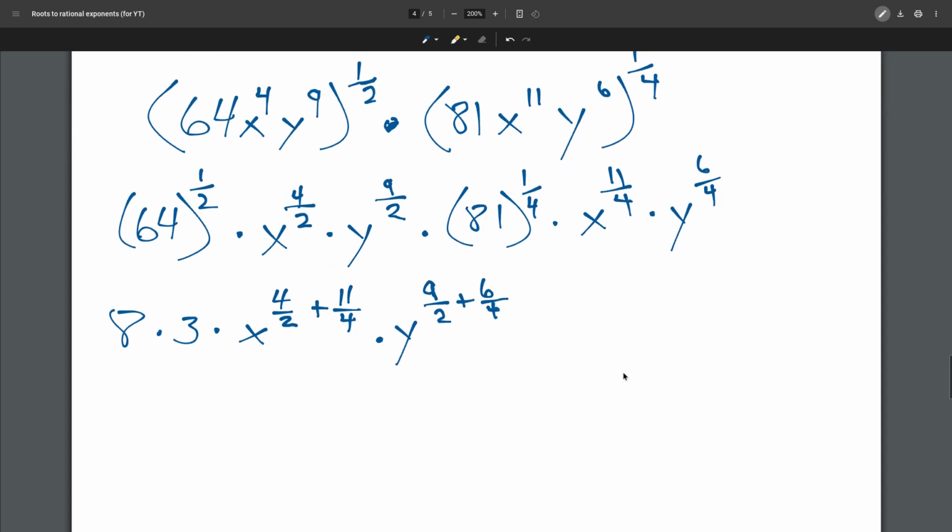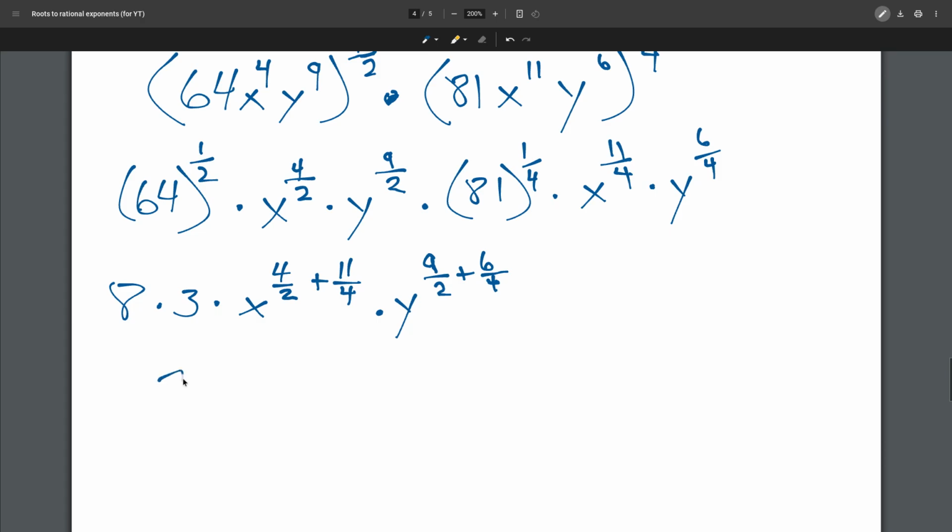Okay, so 8 times 3 is 24. And then we have 4/2 plus 11/4. So if I multiply both the top and the bottom by 2, I could change this to 8/4.